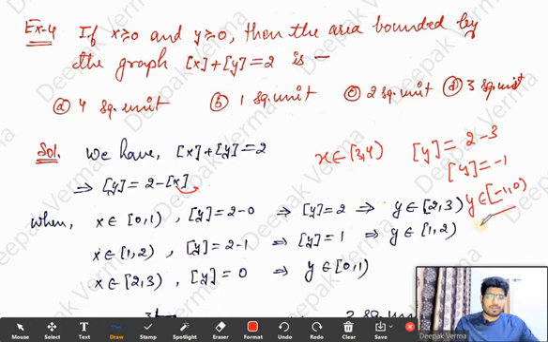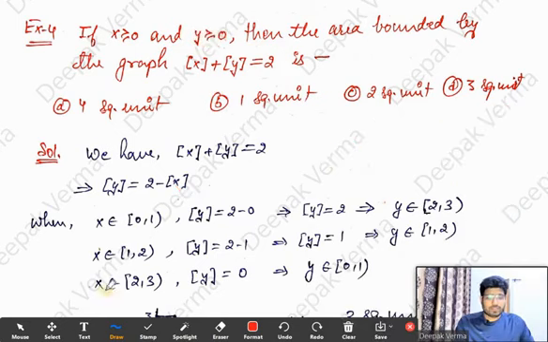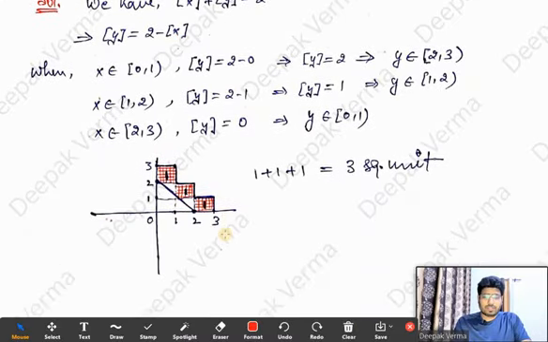Is it clear? But this is not possible because in the question it is given that y is greater than or equal to 0. That's why we cannot take this case. Got it? Now we will plot the graph of the given equation.